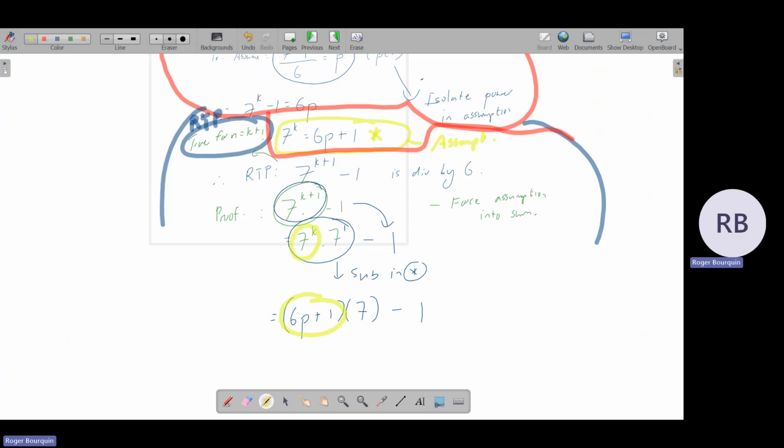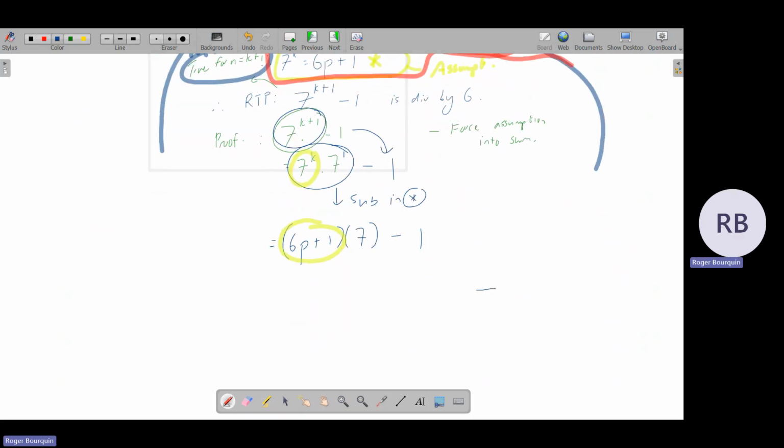Now, guys, if something is divisible by 6, what should you be able to take out as a common factor? Whatever, ultimately, you want to take out, okay, don't write this in your test. As a common factor, what you're trying to prove divisible by.